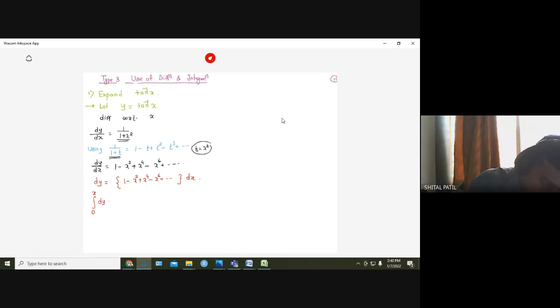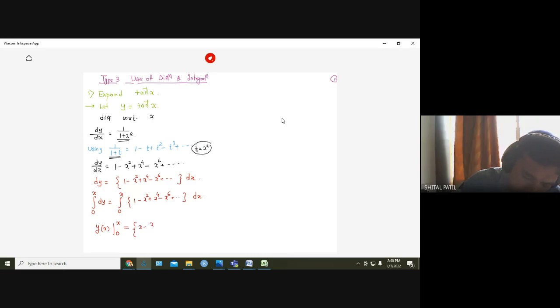Integral of dy from 0 to x equals integral from 0 to x of 1 minus x square plus x raised to 4 minus x raised to 6 and so on. Definite integral, therefore no need to add any constant. Integration of dy is y, but y is a function of x. Whereas on the other side, what is the value of the integral? x.